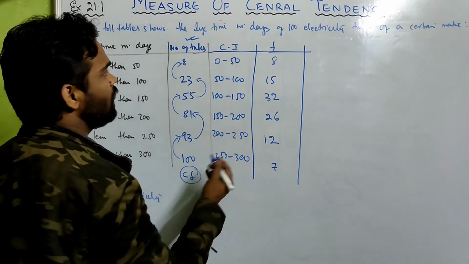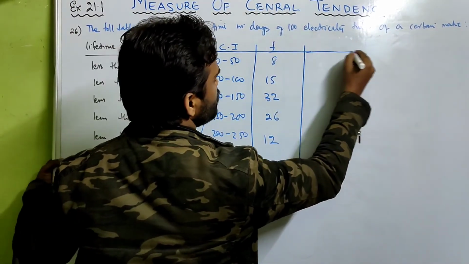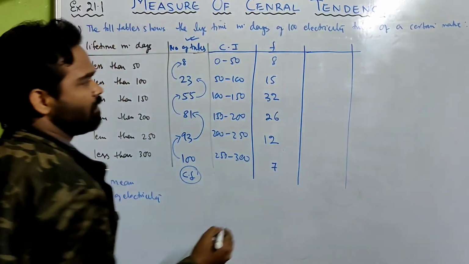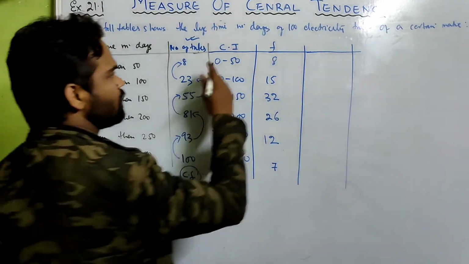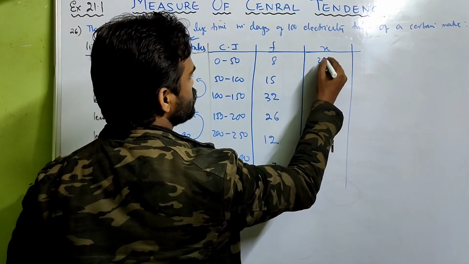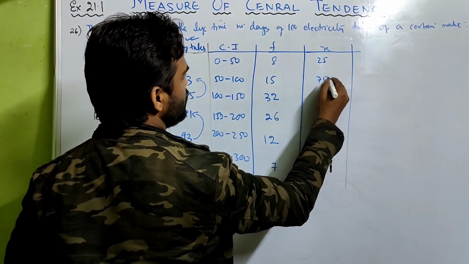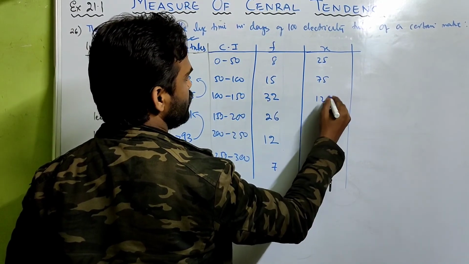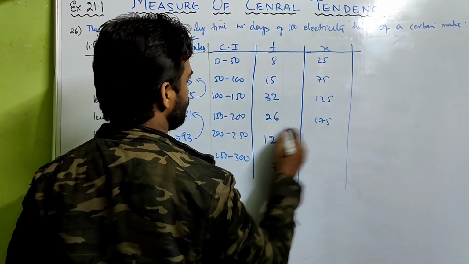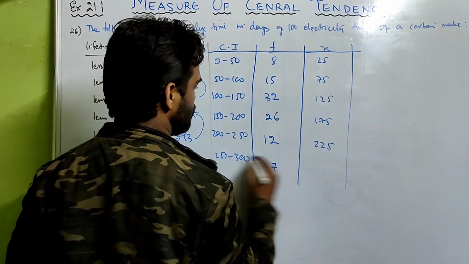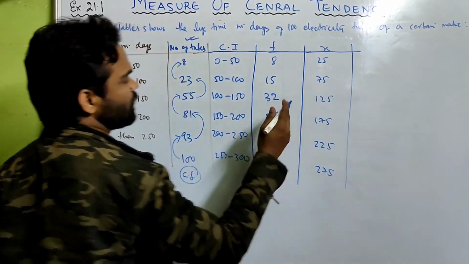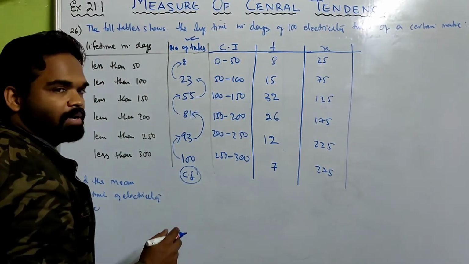Now I'll solve by the step deviation method, because that's the easiest one. First of all, calculate x. This is 25, 75, 125, 175, 225, 275. X is what? Lower limit plus upper limit divided by 2.